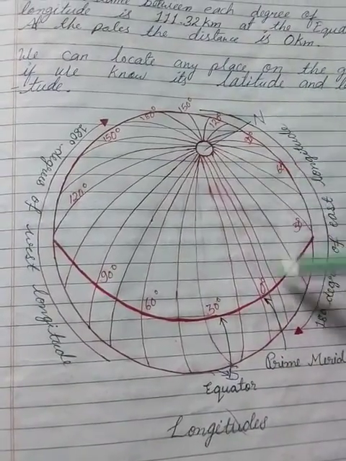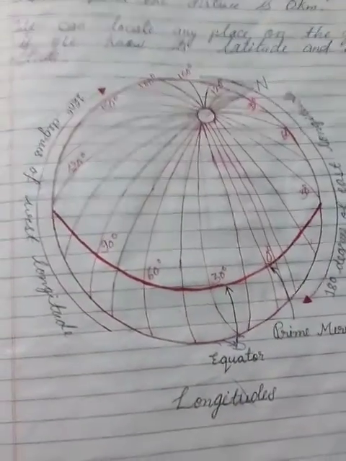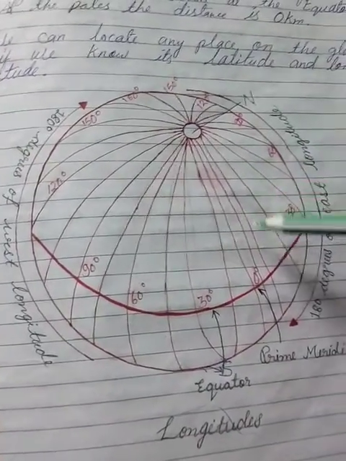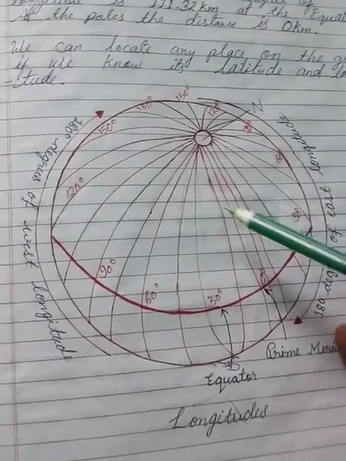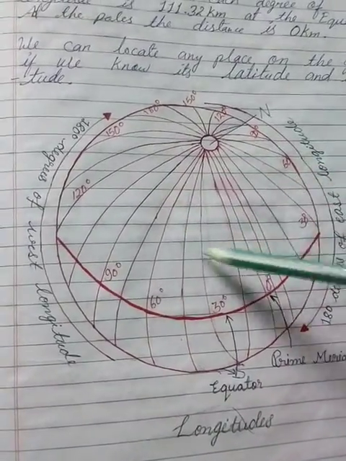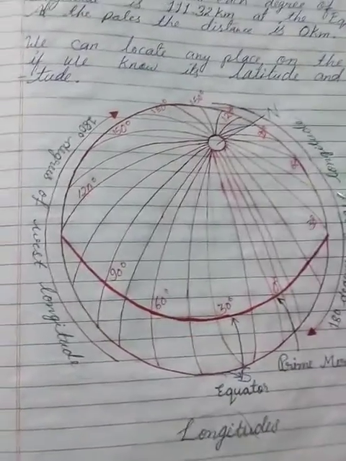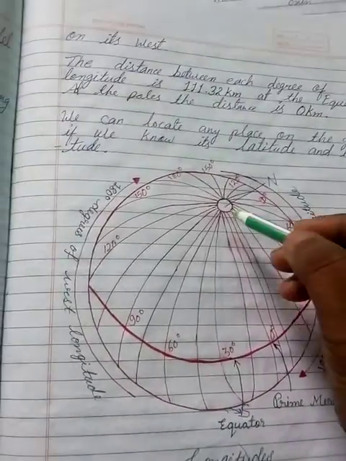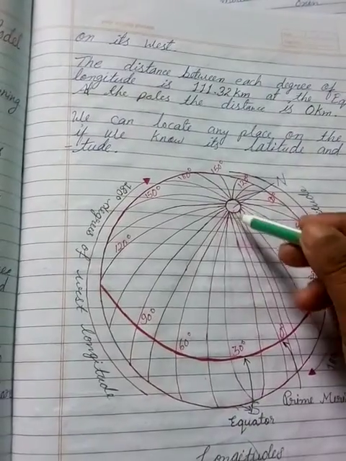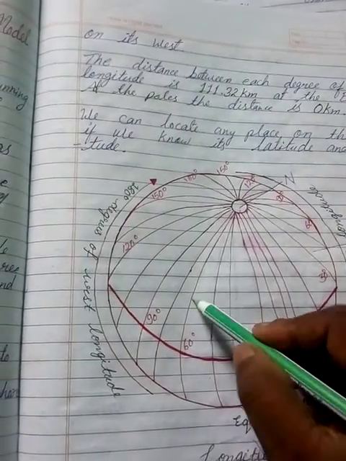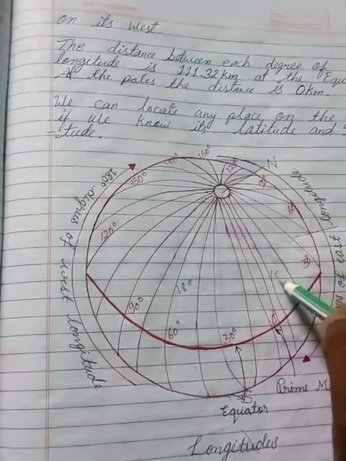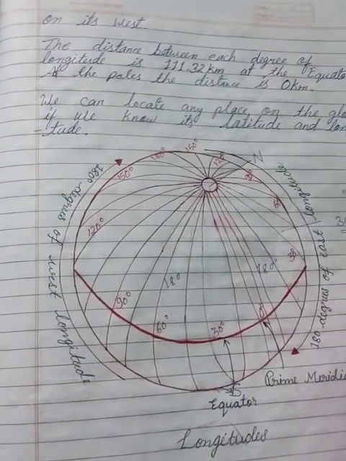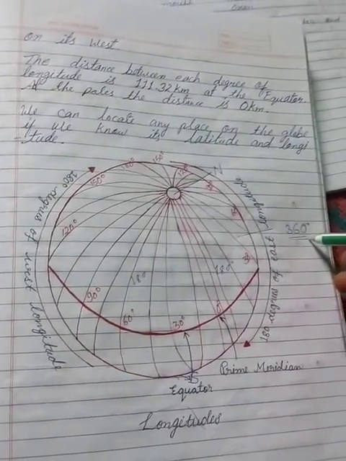These are longitudes of the globe, also known as meridians, as I have already told. If you count the total number of longitudes, it is 360. If we divide it, 180 on this side and 180 on this side, the total is 360 longitudes.